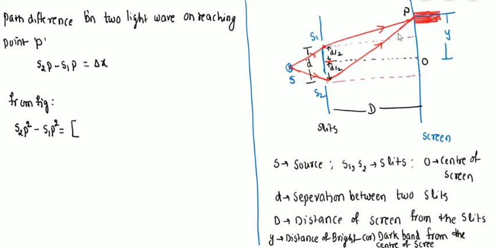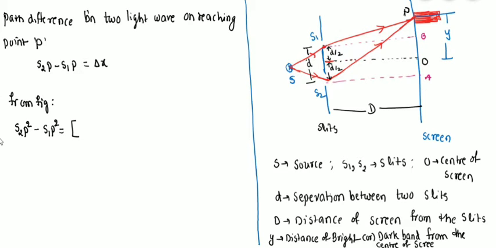If you take this point as A, and this point as B, you take the triangle S2PA. From this triangle, S2P squared equals S2A squared plus AP squared. It's a right-angled triangle. You see very carefully, it is a right-angled triangle. In that, S2P squared equals S2A squared plus AP squared.